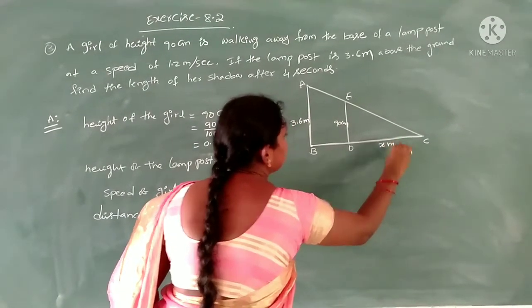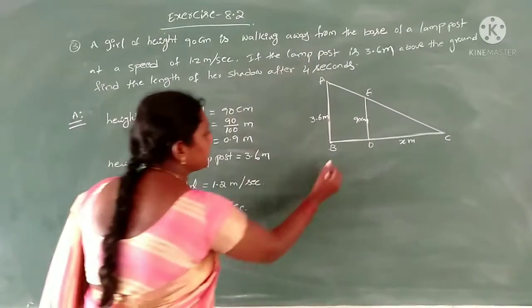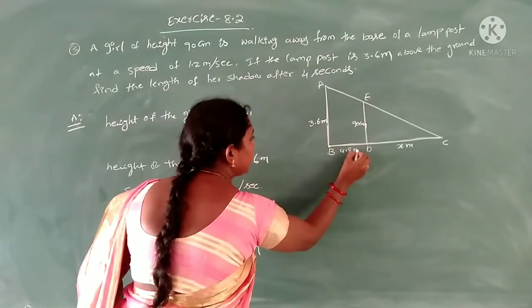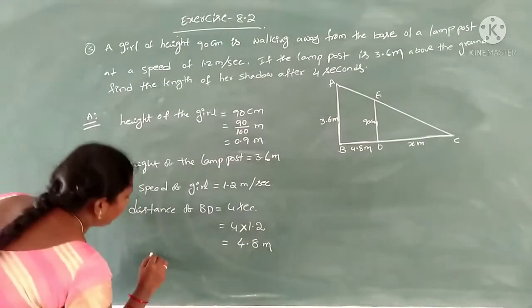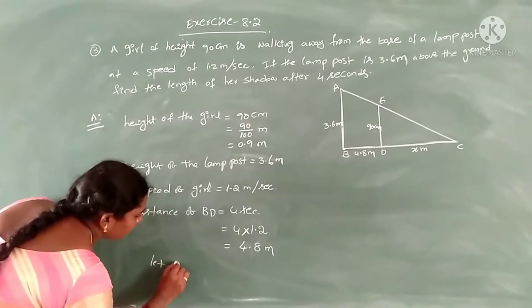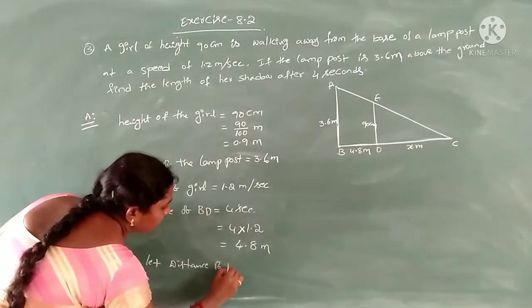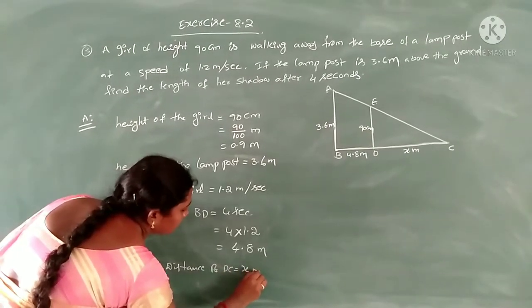Let the distance DC be x meters, and BD is 4.8 meters. So BC equals x plus 4.8 meters.